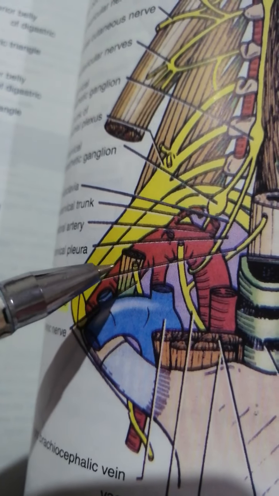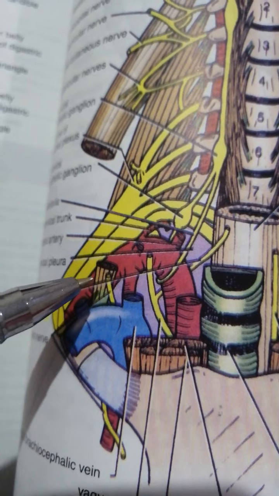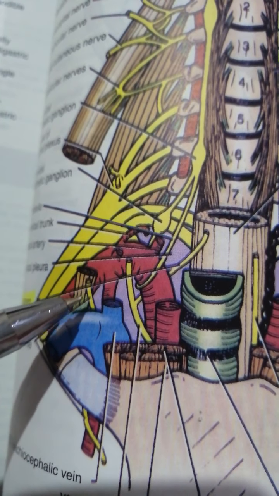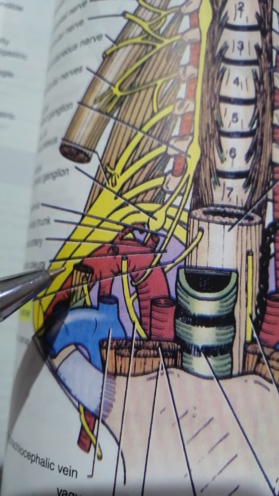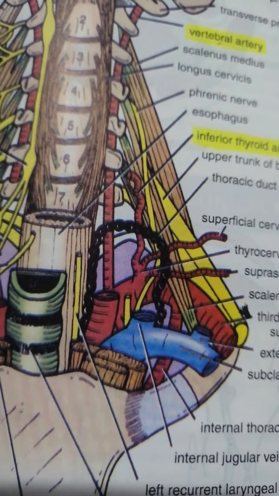For the second part, we can see over here, the whole of the scalenus anterior is not represented, just this part. That is the anterior relation of the second part, because the part that is behind the scalenus anterior is the second part. And also on the right side, the phrenic nerve is also an anterior relation, but not so on the left side. So that's an important difference.